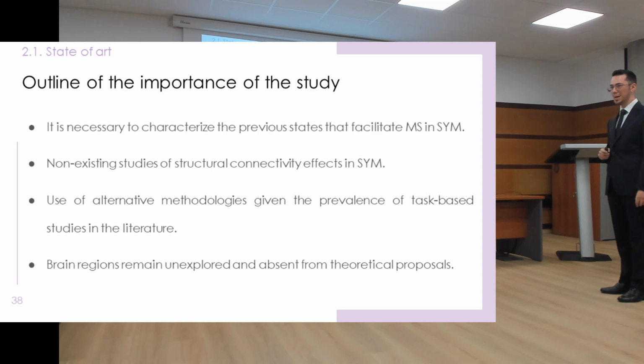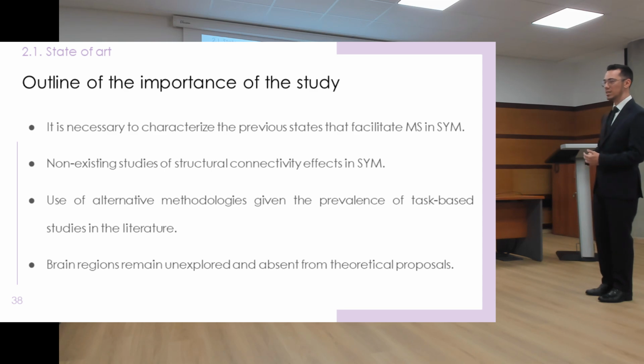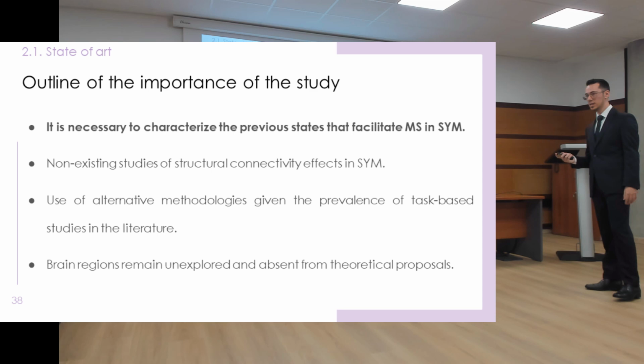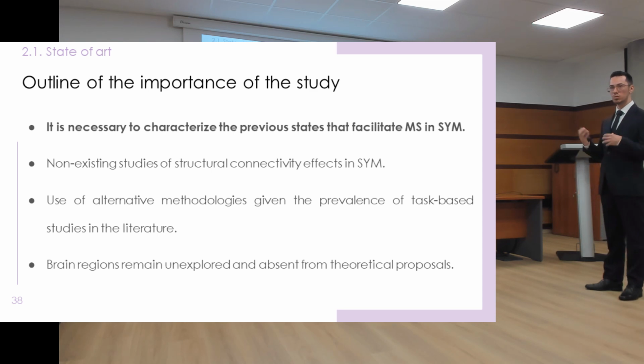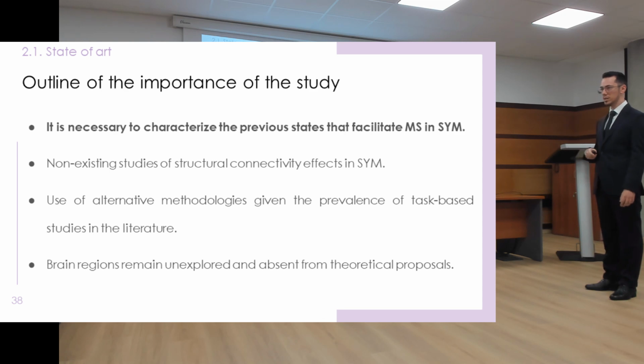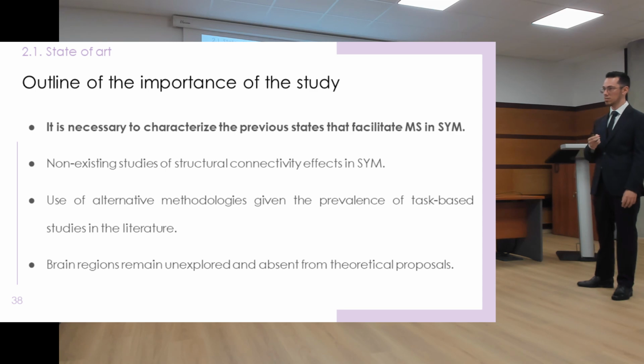So, after this very brief update to the state of the art regarding Sahaja Yoga meditation, the key points outlining this research are: first, that in the case of Sahaja Yoga meditation, where practitioners use movements and different recitations, only the state of mental silence has been studied, and it would be necessary to characterize these previous states that facilitate the state of meditation, since this could have an impact on the brain activity related to mental silence.